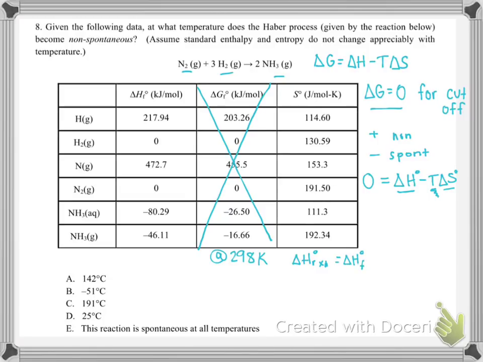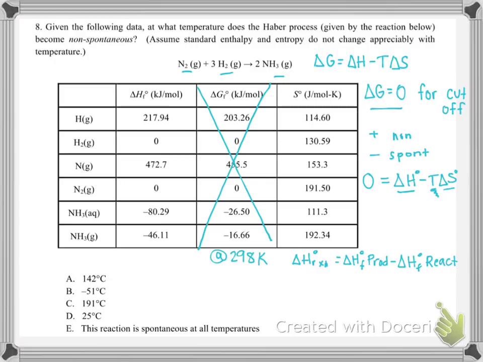So the delta H formation for the products minus the delta H of formation for the reactants. Okay, so we're going to need to use the reaction, so we have the coefficients straight, and then we're just going to have to make sure we match up the right delta H's to the right molecules.